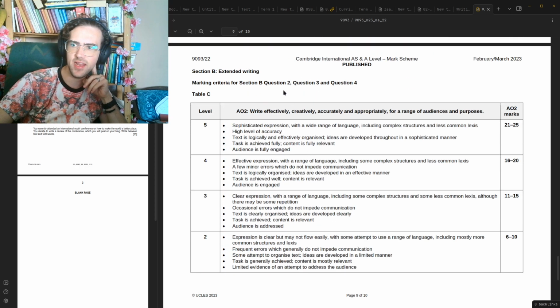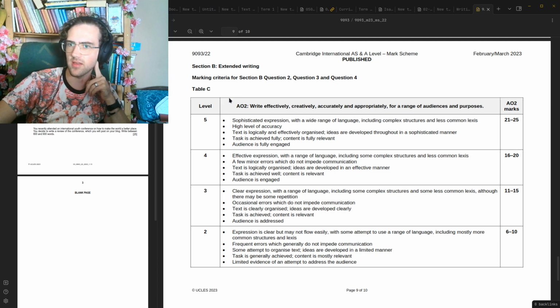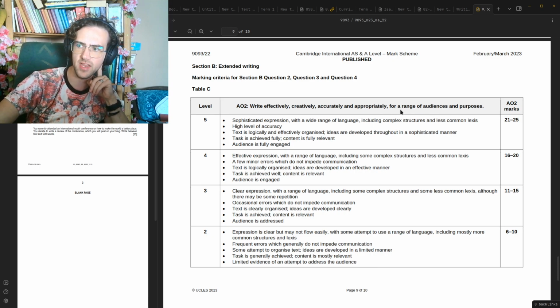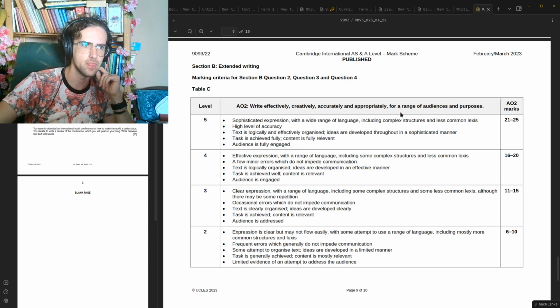And then for our extended writing, this is our table. We've got one table and we mark all of them with the same table. So we look at your expression, your range of language, whether you have complex structures. So complex structures, if you're just going to say the cat sat on the mat, the cat liked to wear a hat.